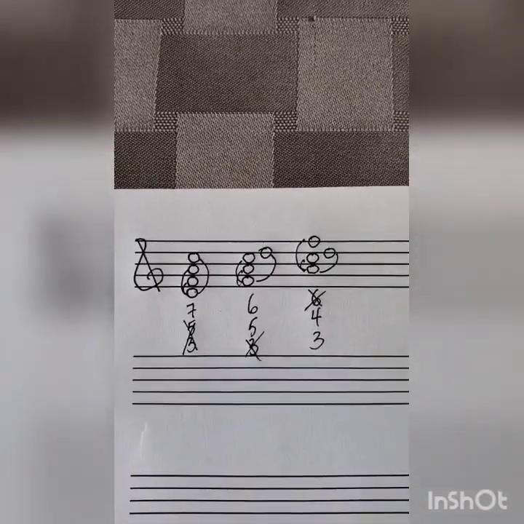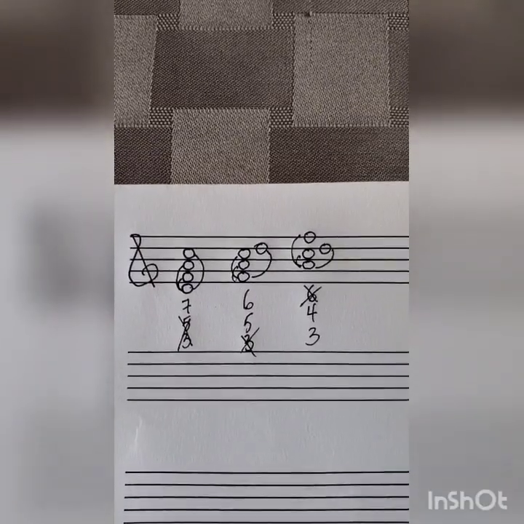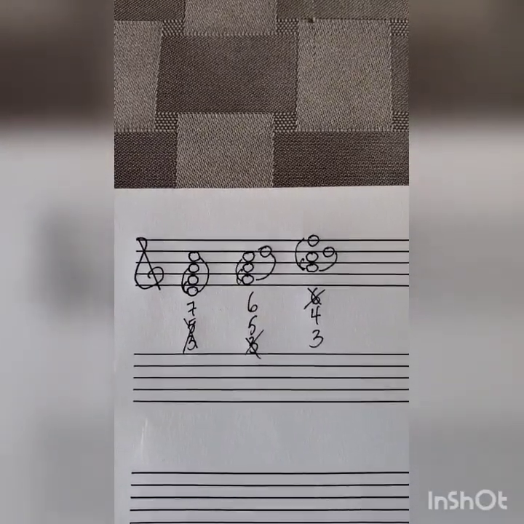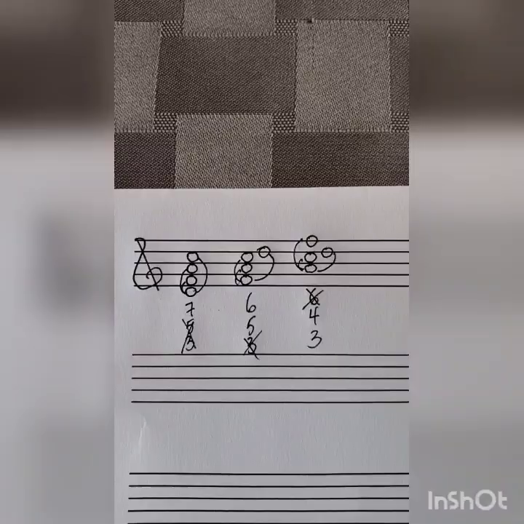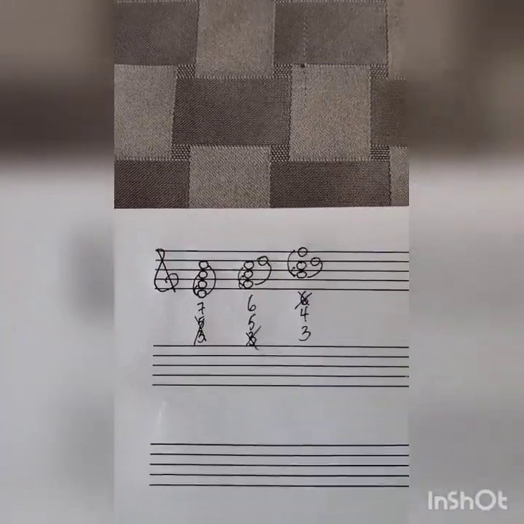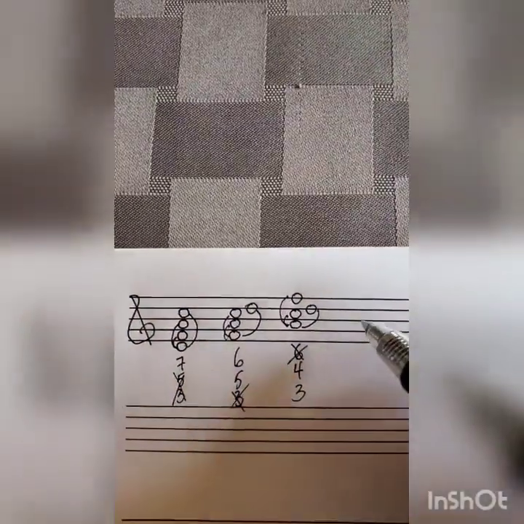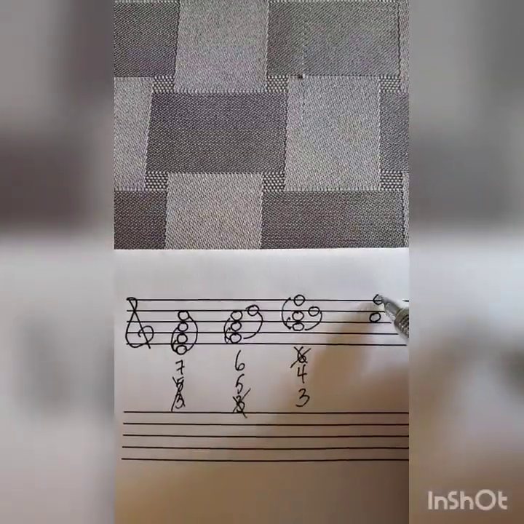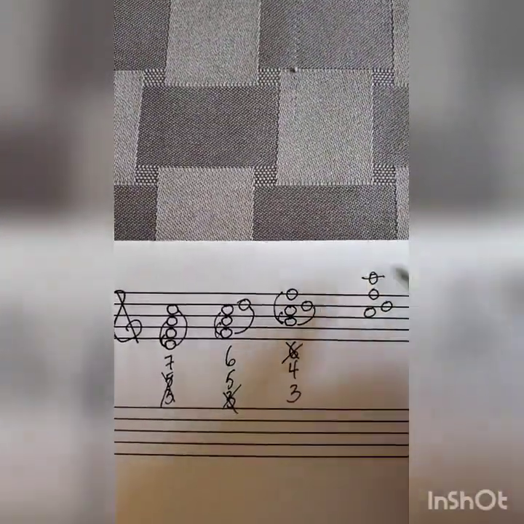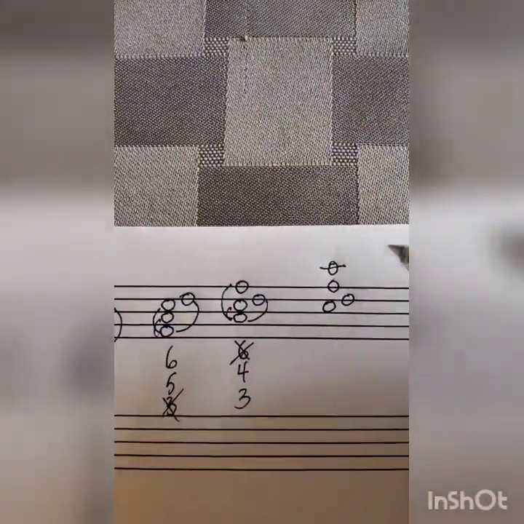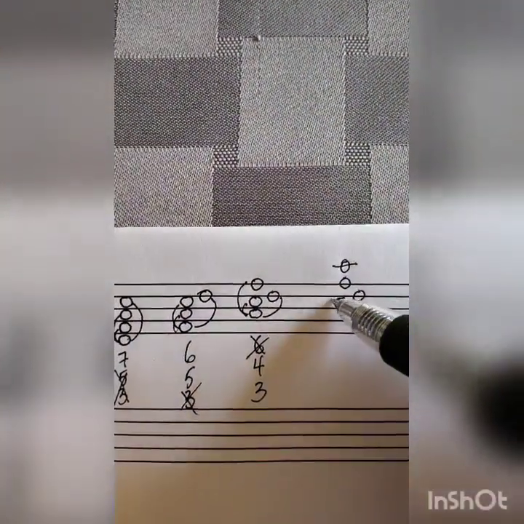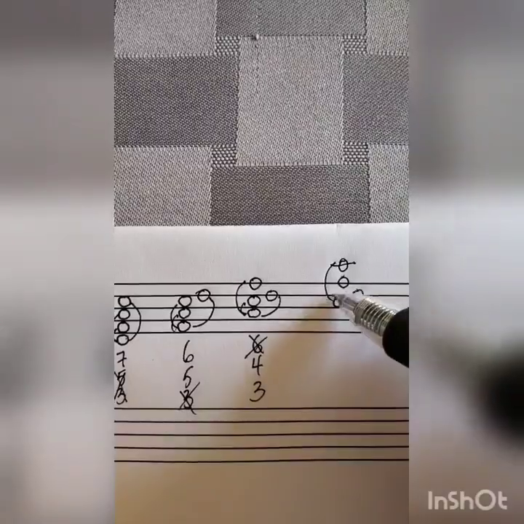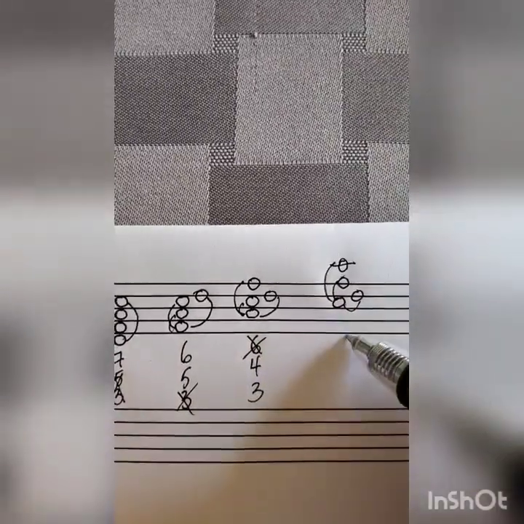Now, there are 4 notes in 7th chords, so there are 4 positions: root position, first inversion, second inversion, and third inversion. Third inversion has a 7th in the bass. And you can see above the bass, C to A, 6, C to F, 4, C to D, 2.